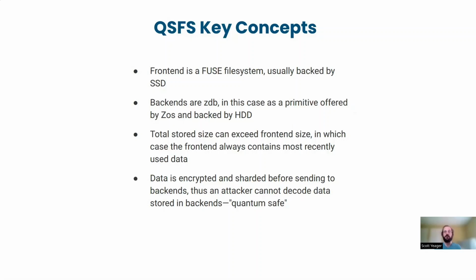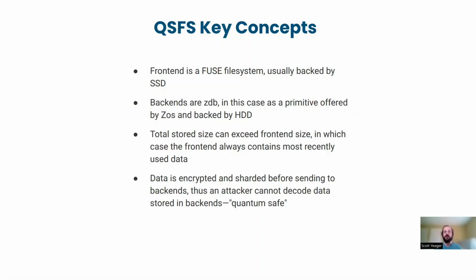We don't need to reserve any compute, so any CPUs, RAM, or solid-state disk, say to back a VM that we could put a ZDB inside. So HDD, we can just reserve it from ZOS as ZDB space, and that's all we need to pay for.